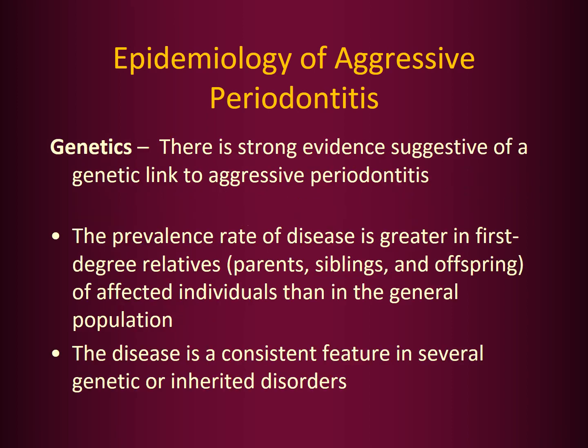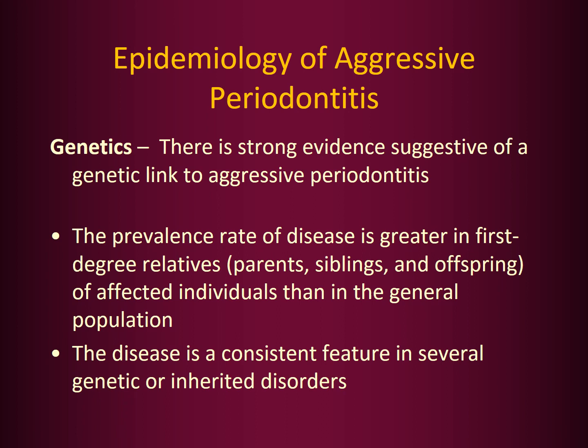With respect to genetics and aggressive periodontitis, there is strong evidence suggestive of a genetic link to the disease. The prevalence rate of the disease is greater, as we know, in first-degree relatives, meaning parents, siblings, and offspring of individuals affected with the disease, than it would be in the normal population.